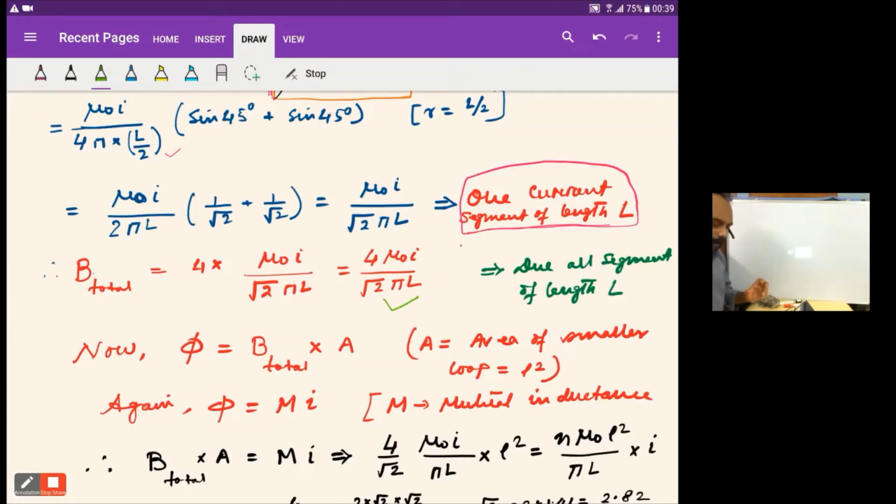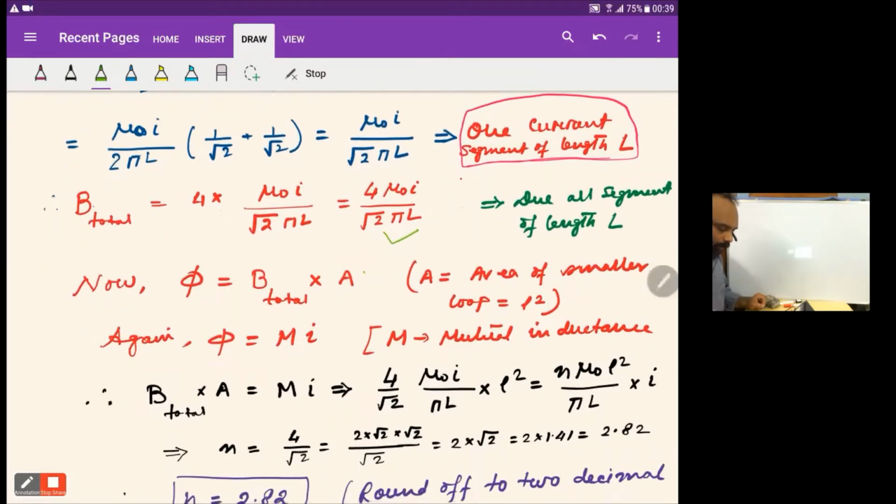And also we know the magnetic flux is equal to the mutual inductance M times the current I. Therefore, from these two expressions, phi equal to B total times A and phi equal to M I, we can write B total times A is equal to M I. B total is given, 4 mu 0 I by root 2 pi L times l square is equal to M, which is given as n mu naught l square by pi L times I.